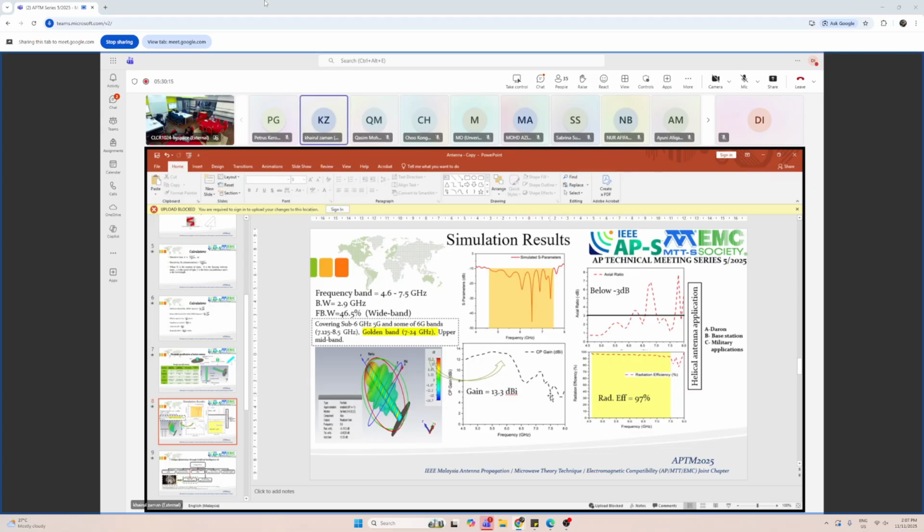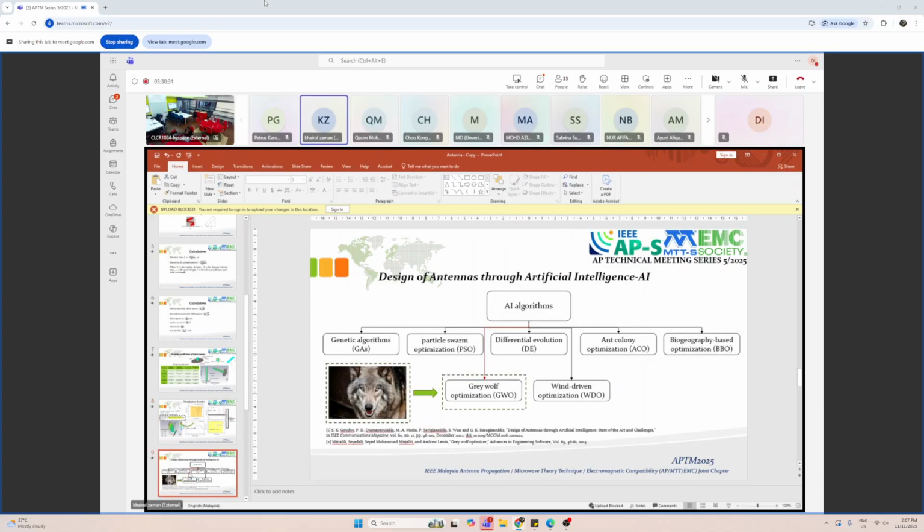So what we have to do here is enhance the gain of the antenna using AI or a different method. For our design, we're using an AI algorithm to enhance the gain of the proposed antenna. There are many types of AI algorithms that can be used to enhance the performance of an antenna.